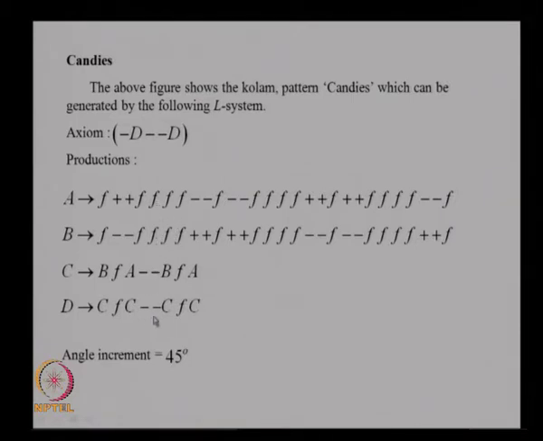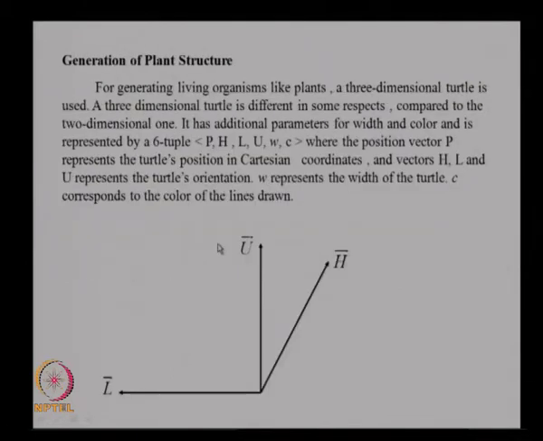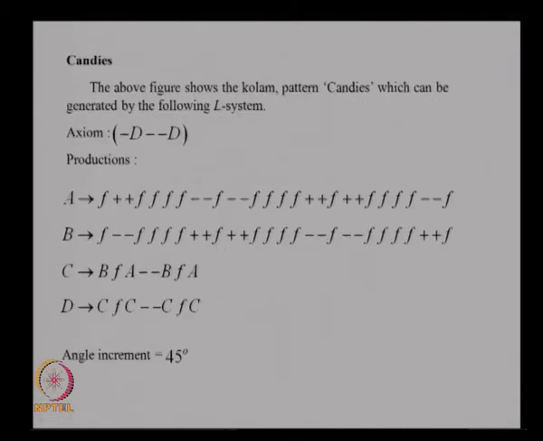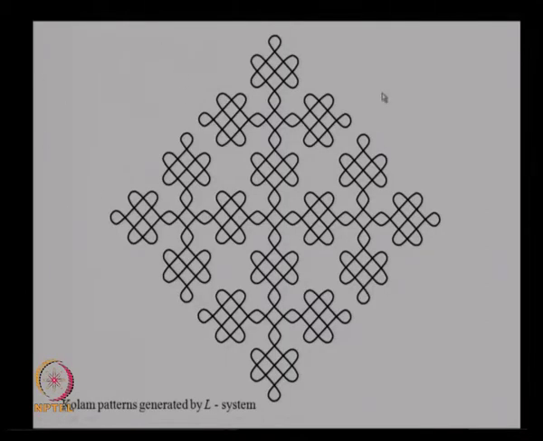Four rules are there: a rule for D is this, then for C is this. A and B will be replaced by such strings, and in the next step again you will use similar patterns. You find that if you specify the number of iterations, you will get beautiful patterns in this manner.